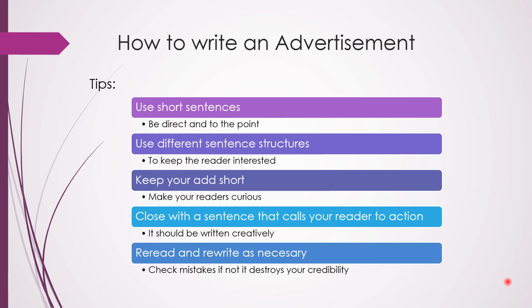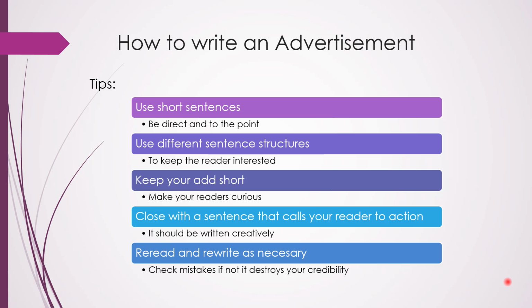Now, how to write an advertisement? Well, the tips are the following. We are going to start with the first one. First of all, you have to use short sentences. Why? Because we have to be direct and to the point. The second tip is you have to use different sentence structures.